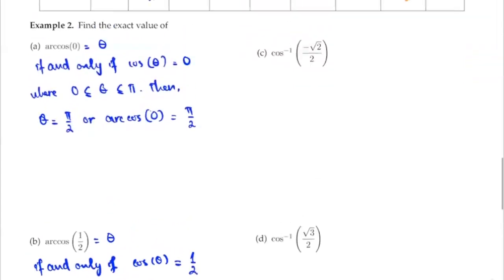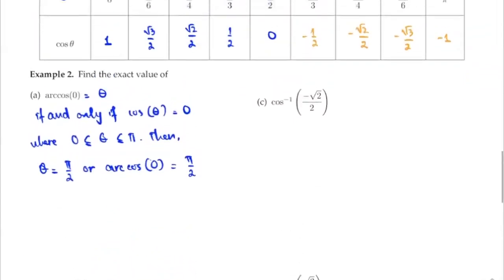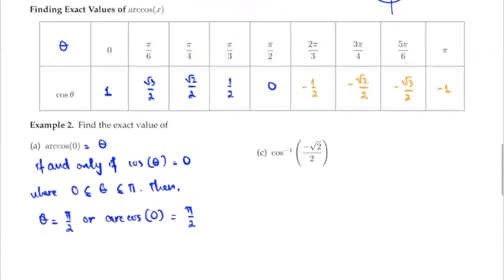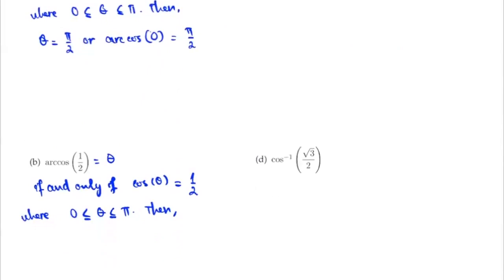Then the corresponding value of theta, so we have 1/2 here, is pi over 3. So theta is equal to pi over 3, or arc cosine of 1/2 is equal to pi over 3.